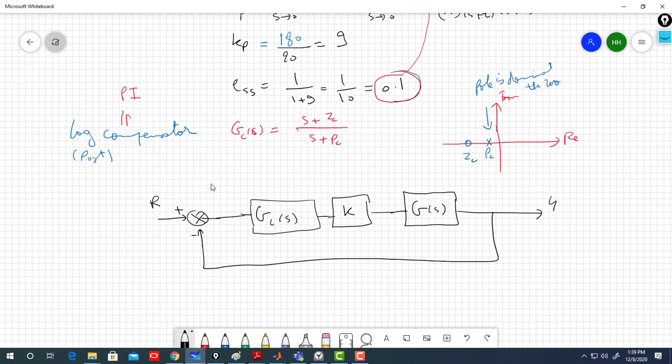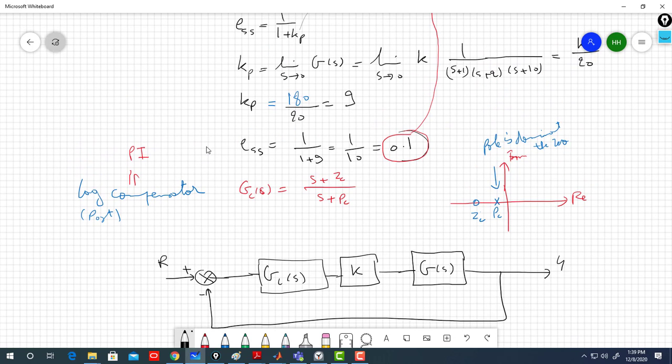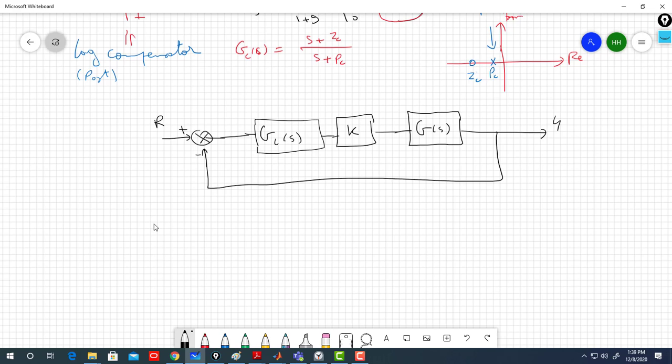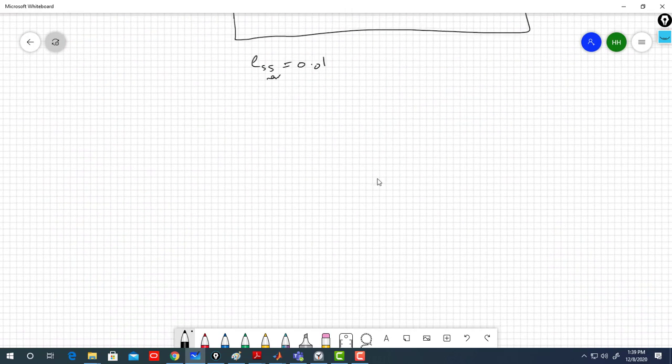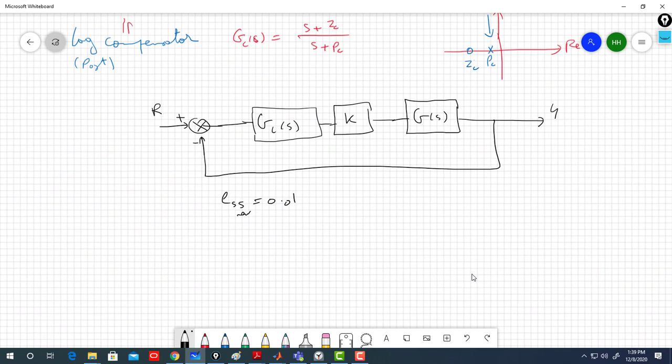So now let me find the Kp for the system, because the new steady state error, which is equal to 0.01, according to 0.1 over 10, is equal to 1 over 1 plus new Kp.